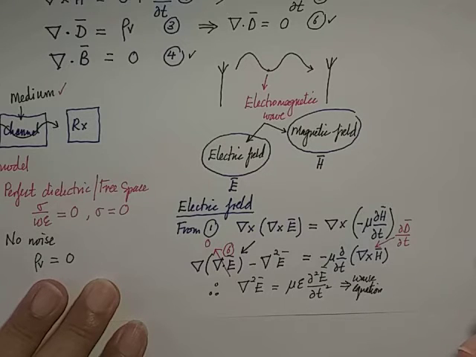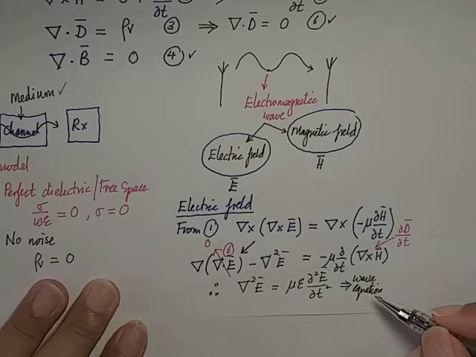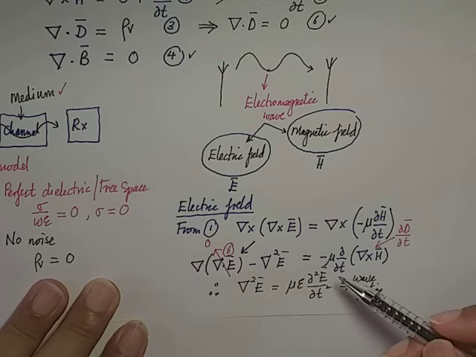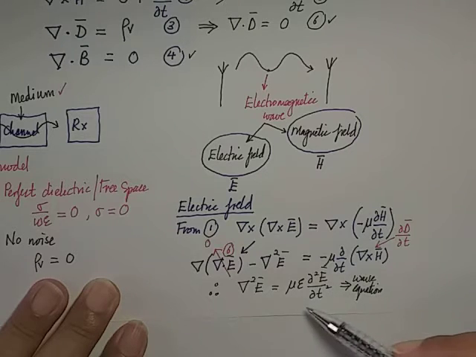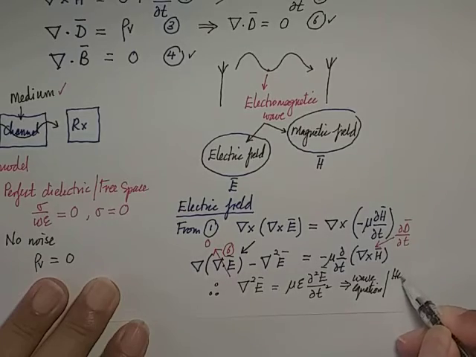Whenever we talk about waves, the equation must have this kind of pattern, regardless of where the wave is propagating, either in optical fiber, in a waveguide, in microstrip, or in the air. Whenever you have a wave, it can be represented by this simple equation, and sometimes we call it the Helmholtz equation.